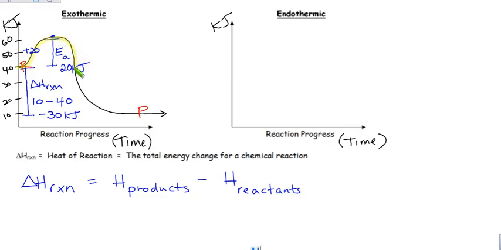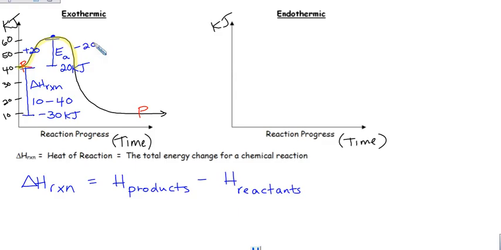And eventually we kind of get back to where we started. So we're going to get 20 kilojoules back. So that really they kind of negate each other. I had to add 20 to get the reaction started, but then I get the 20 back as I start forming new products. Wipes each other out.